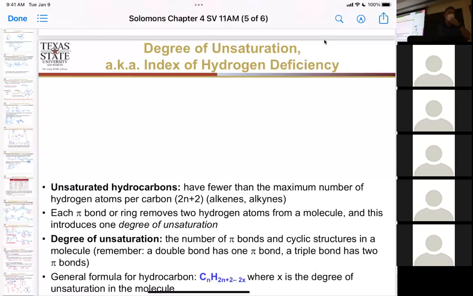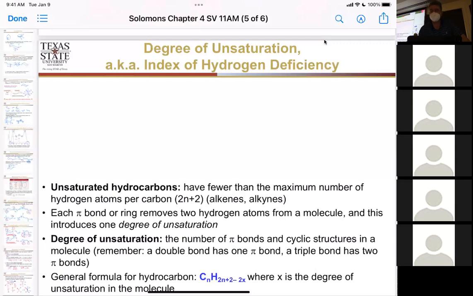So we want to look at ways to do this. We need to think about it this way: a double bond takes away 2 hydrogens, a triple bond takes away 4 hydrogens, and a ring takes away 2 hydrogens. So we should be able to calculate whether or not they do it.